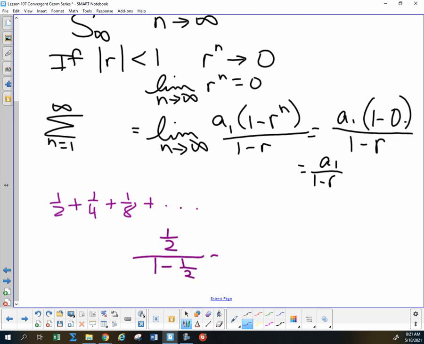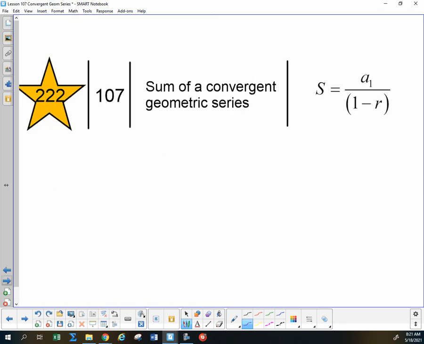A half over a half is 1, and that's what we thought from our geometric model on that. So formula for you to memorize, last formula of the year: if it is convergent, which means the absolute value of r is less than 1, between -1 and +1, and it is geometric.